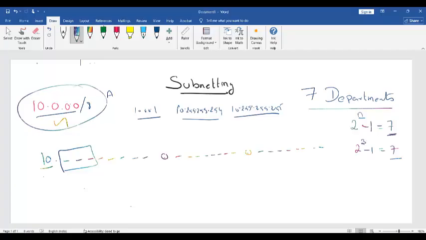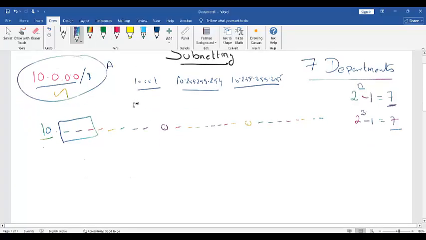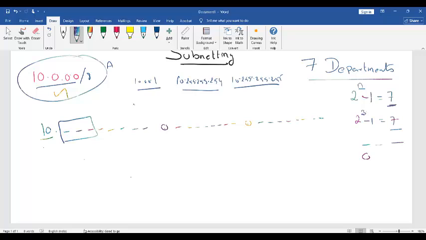Okay, now 3 bits. How can this become 7? This is it. 1, 2, 3. If I have these 3 bits, all 3 can be 0.